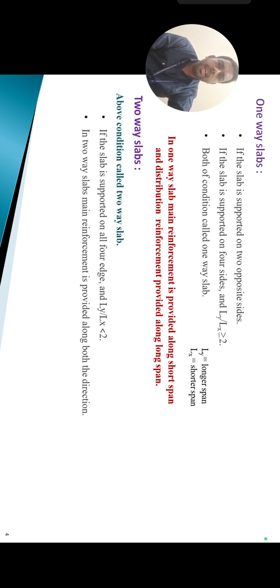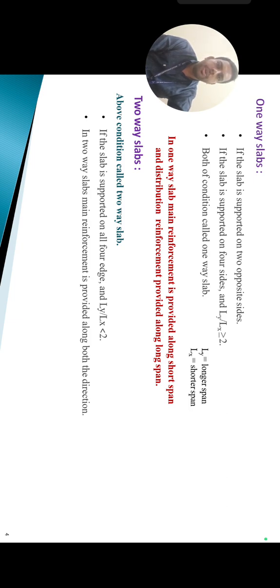In a one-way slab, the main reinforcement should be provided on the bottom side of the slab, and only in one direction. The other direction has distribution bars. Coming to two-way slab, the difference from one-way slab is that Ly by Lx is less than 2.